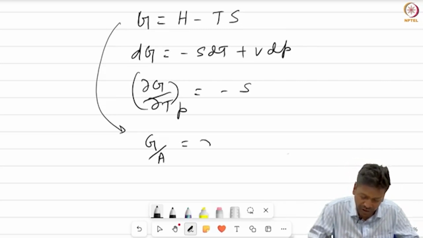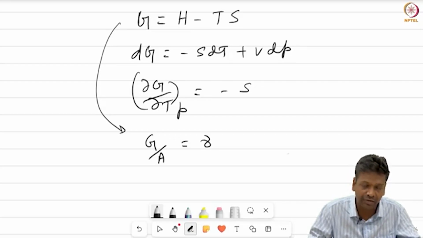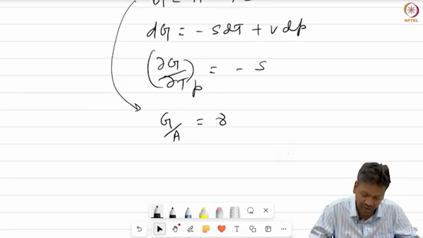This is also nothing but gamma, which is surface tension. This notation is sometimes used without differential form. So G by A, Gibbs free energy measured per unit area, is nothing but surface tension.